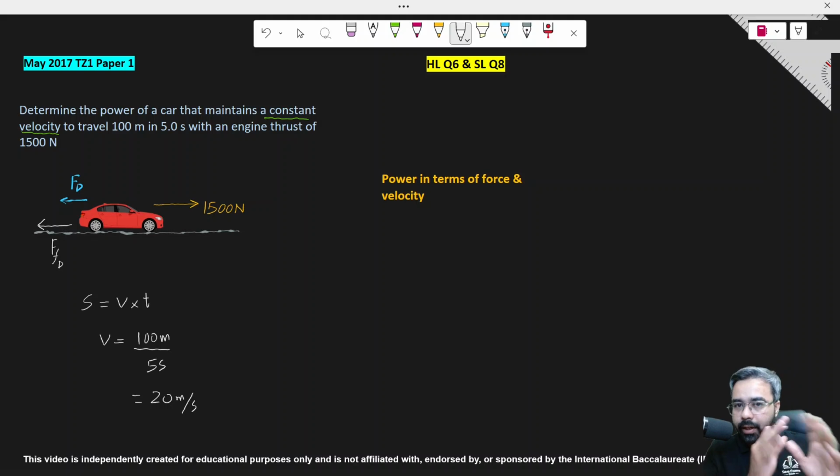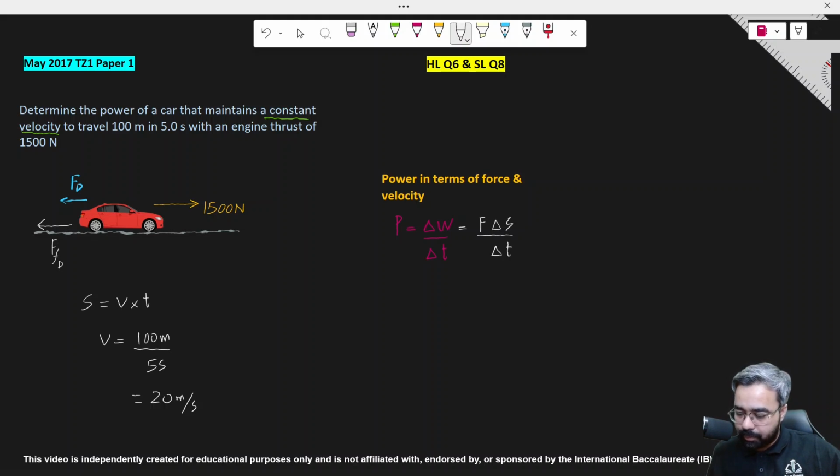Before we directly apply the equation, let me show you the relationship between power, force and velocity. Power is generally the rate at which work is done. This work done is equal to the force F times the displacement, and because the constant force is applied by the engine, the displacement is increasing with respect to time.